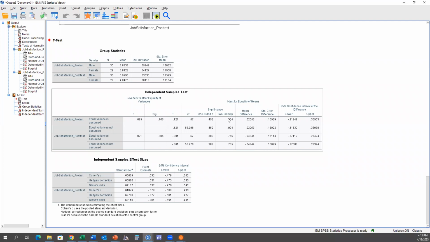So in this case, 0.904 and 0.765 are greater than 0.05. You don't have evidence of a significant difference in job satisfaction based on gender. And we can see that in the mean scores up here, they're very similar, 3.83 for males, 3.81 for females at pre-test, and at post-test, it's also very similar.